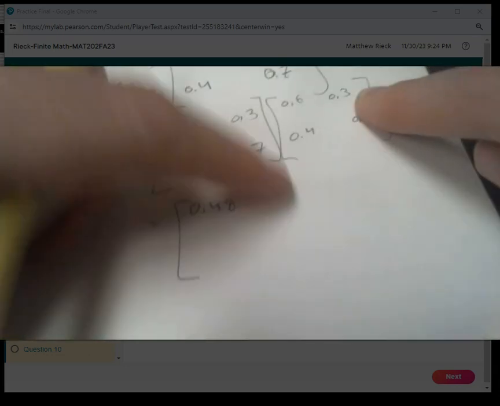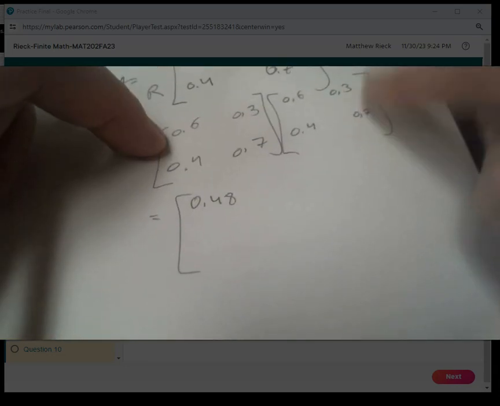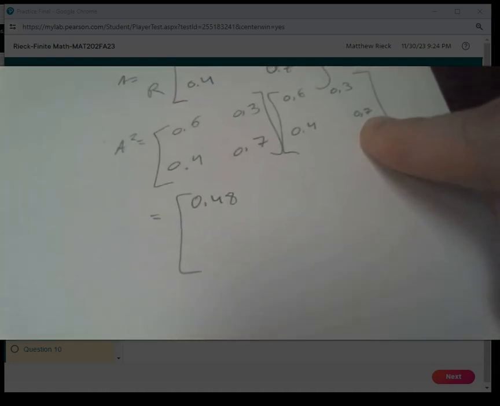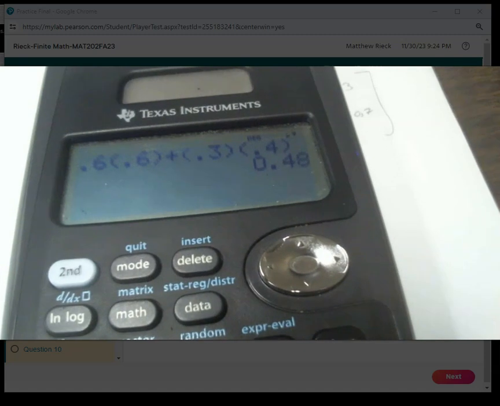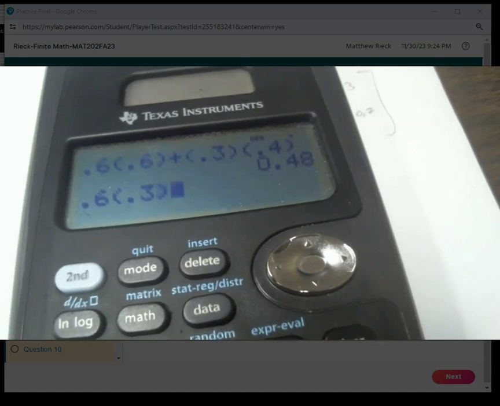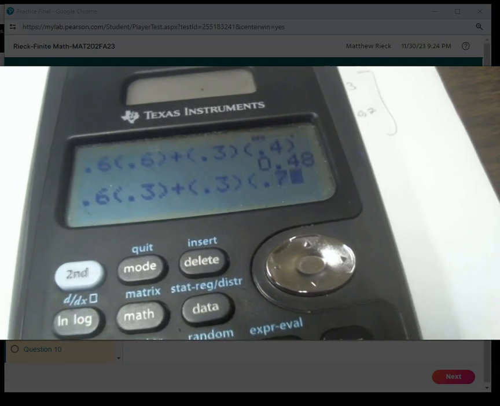Then for the second column, we use the second column of our second matrix, and again the first row. So you have 0.6 times 0.3 plus 0.3 times 0.7, so you have 0.39.